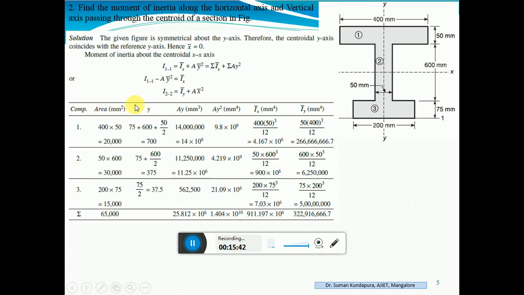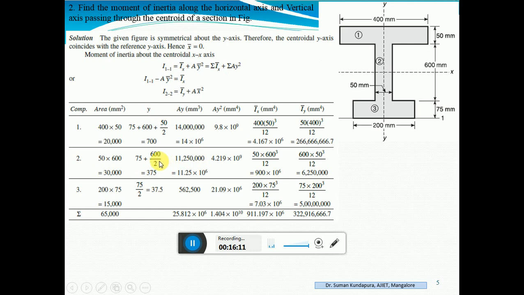Now the distance y. Y is the distance measured from the reference axis 1, 1. For the first rectangle, that is 75 plus 600 plus 50 by 2, 25. Second one is 75 plus 600 by 2, because this is a rectangle for which the centroid will lie at d by 2 distance.